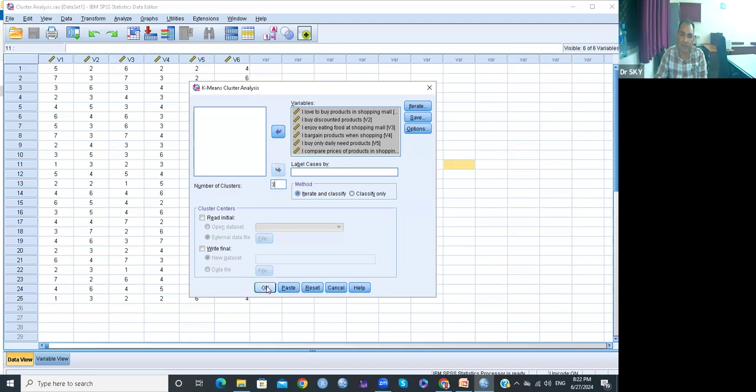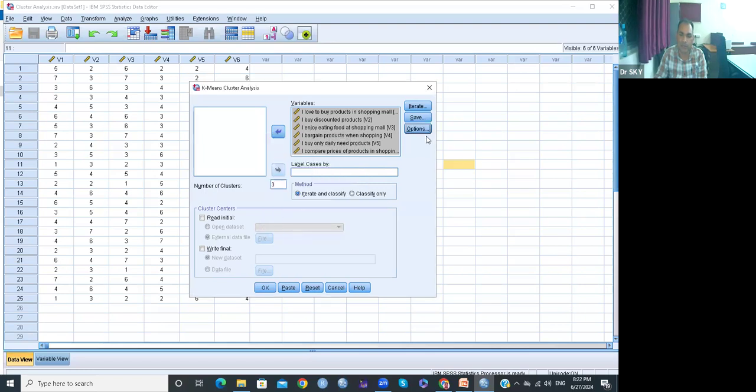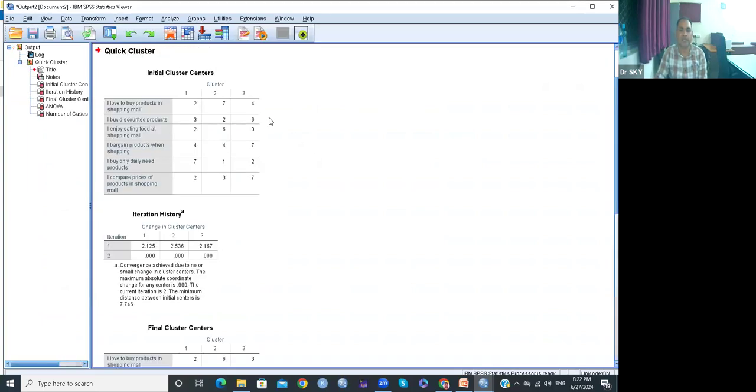Then just click on OK. You can go for the options as well. Now go to ANOVA table and initial cluster centers, we need both. Just click on OK. So you can have these 3 clusters.